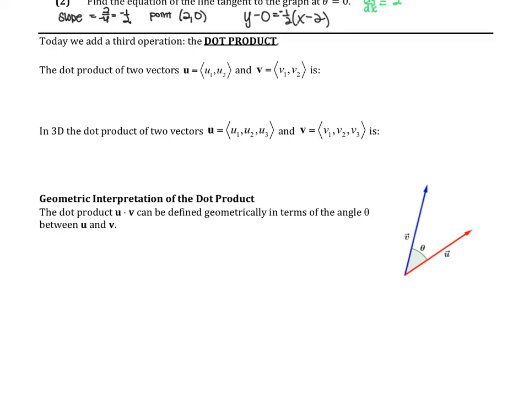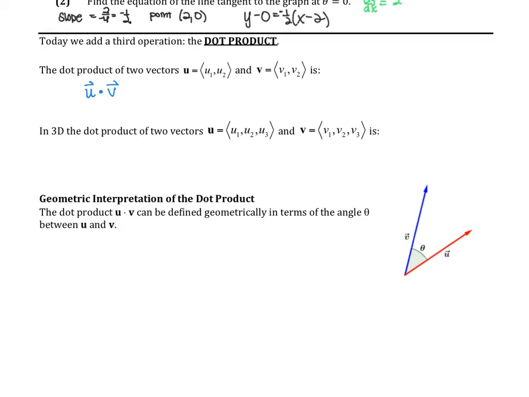For the dot product of two vectors, if I have vector u, whose components are u sub 1 and u sub 2, and vector v, with components v sub 1 and v sub 2, we notate it like this: vector u dot vector v.